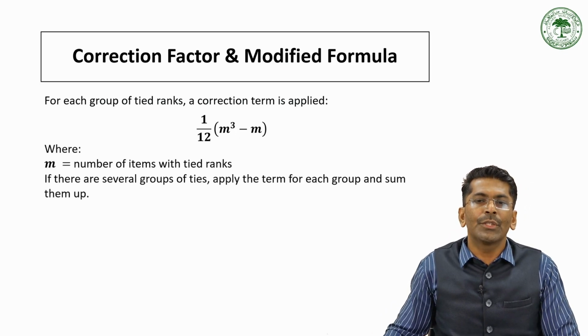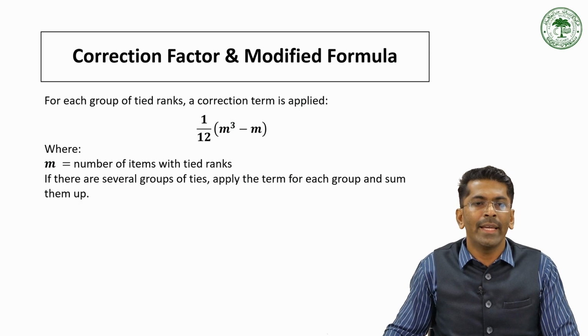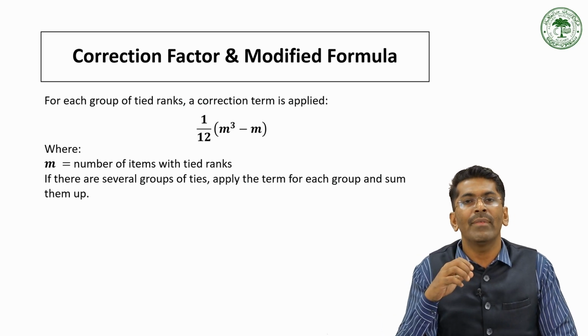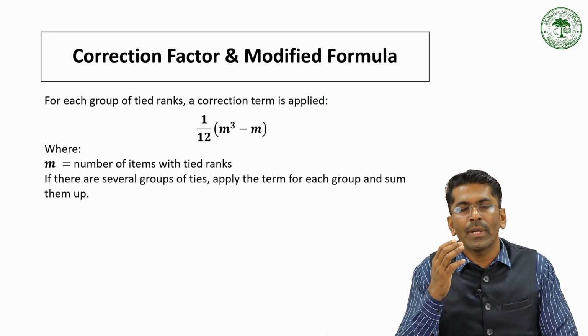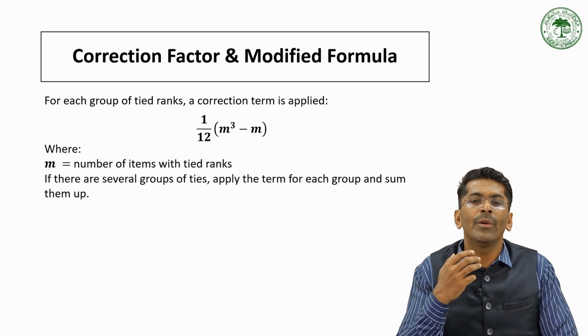Here m is the number of items with tied ranks. If we have several groups of ties, we apply the correction factor for each group and sum them up.